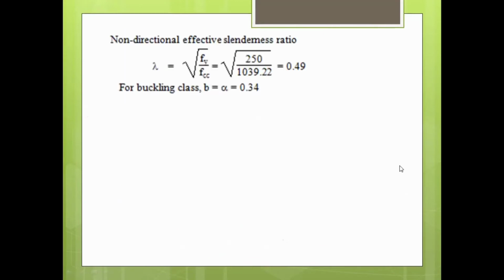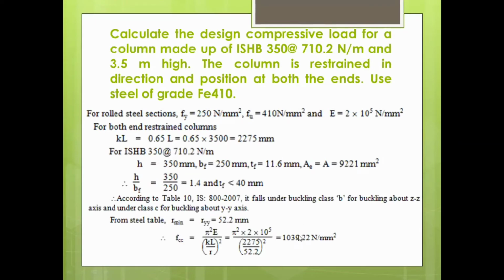Now, the non-dimensional effective slenderness ratio. This equation is already given in the IS code. We have to find out what is the lambda value. So lambda comes to be 0.49. The fcc value we have just evaluated in the previous step. It is here. And Fy is 250 Newton per mm square, constant.